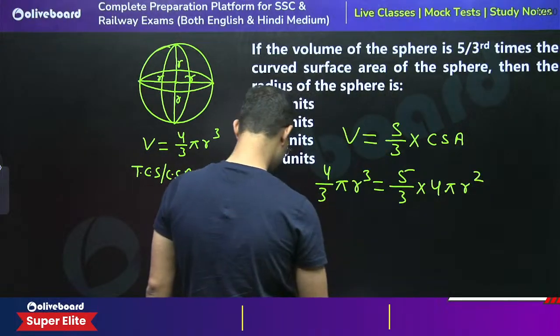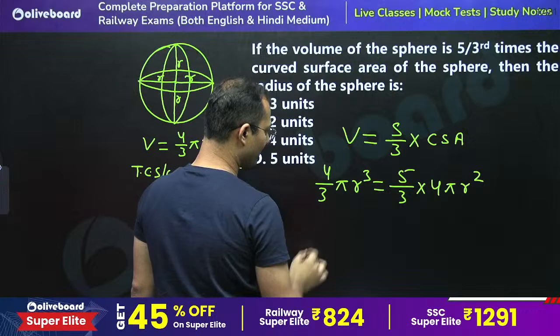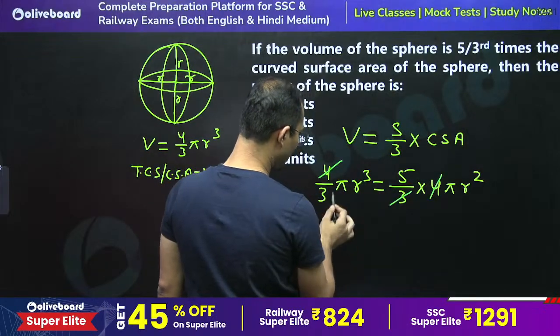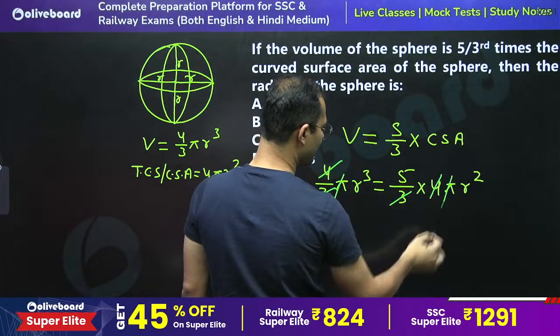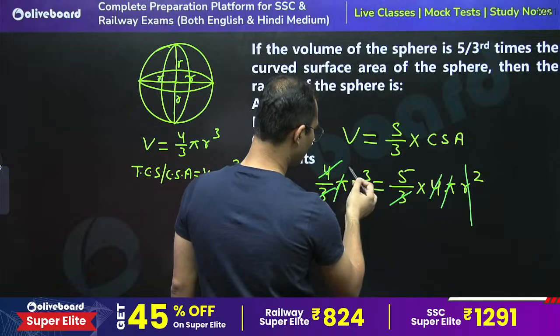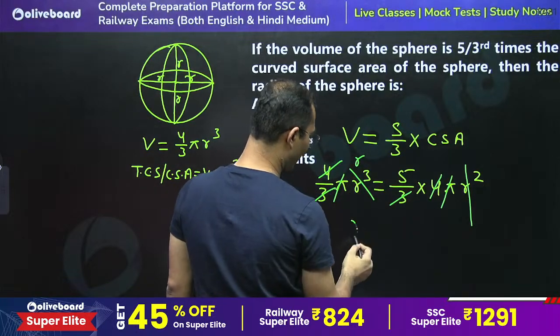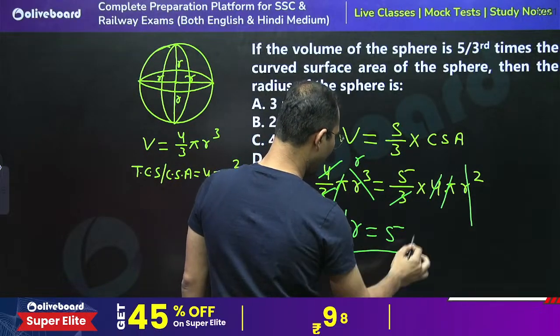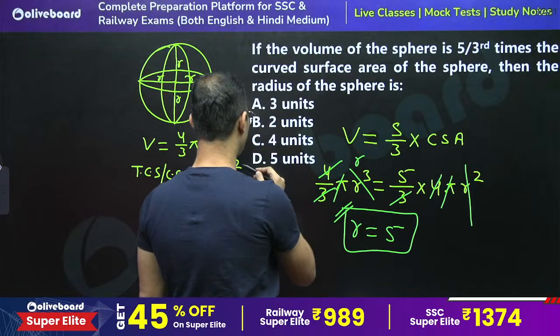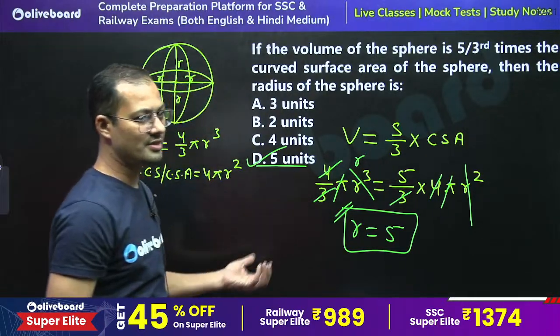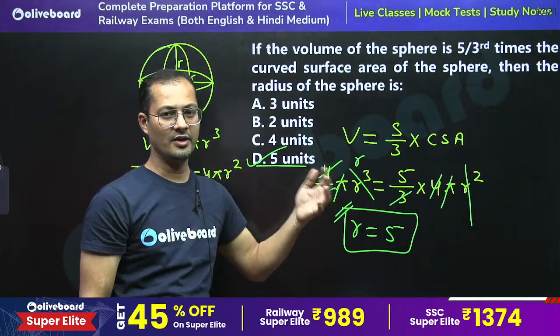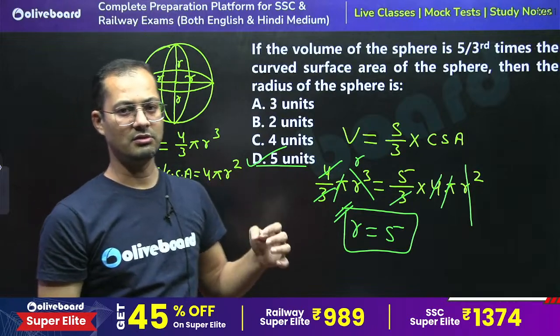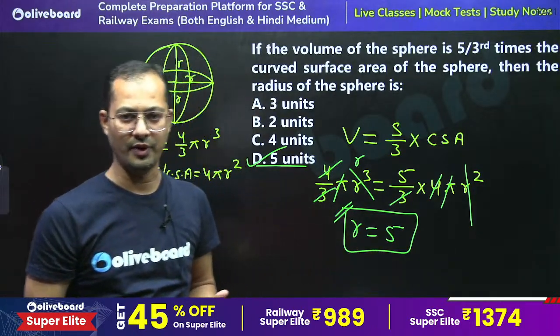Here 4 cancels 4, 3 cancels 3, pi cancels, r square cancels, so r is equal to what? 5. So the radius is equal to 5. Very simple, right? If you know the formula, you can solve the question with ease. If you don't remember the formula, it will become a Herculean task for you.